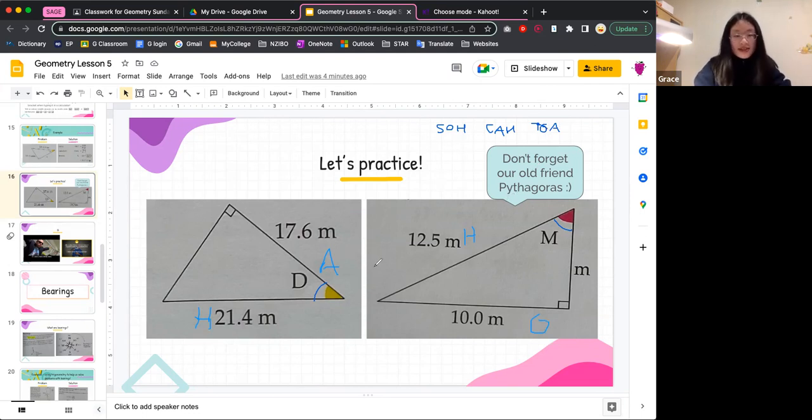Okay, so we've got the adjacent and the hypotenuse involved in the first one. Which ratio should we be using? Right, that tells us that cosine is the one to use. I'll give you a chance to write the equation over here.